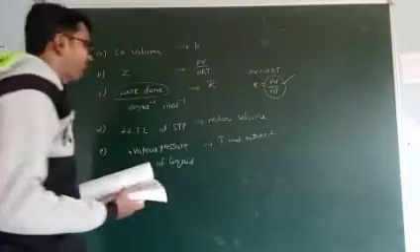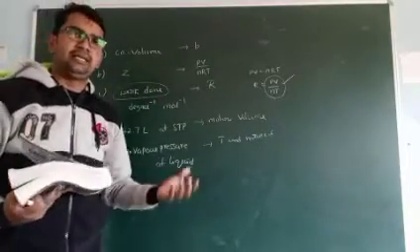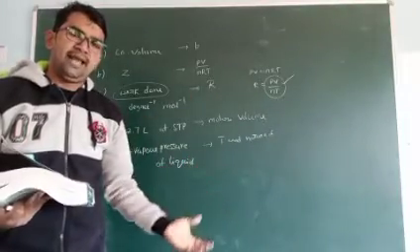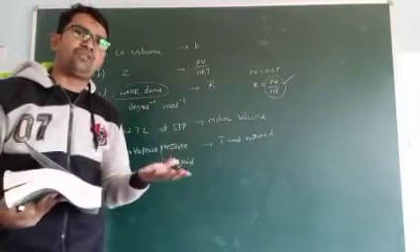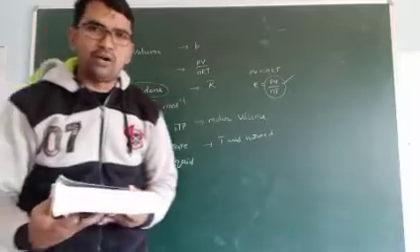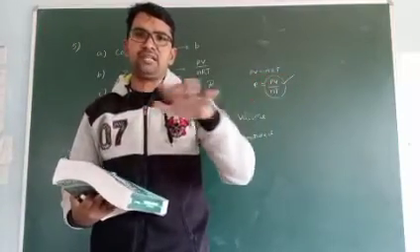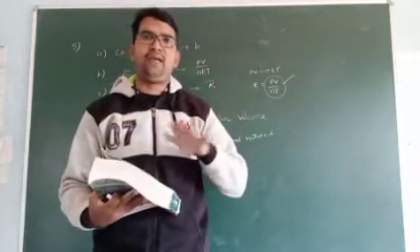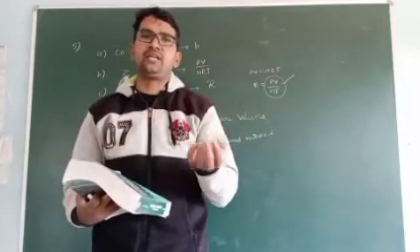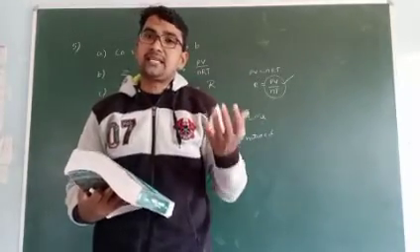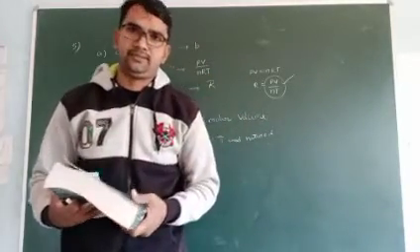Vapor pressure means, if you boil the liquid, it is converted into what? It is converted into vapor, and that vapor creates some pressure. For example, if you boil water and cover the surface with a flask or anything, after some time it starts dancing because the gases create some pressure on the flask.